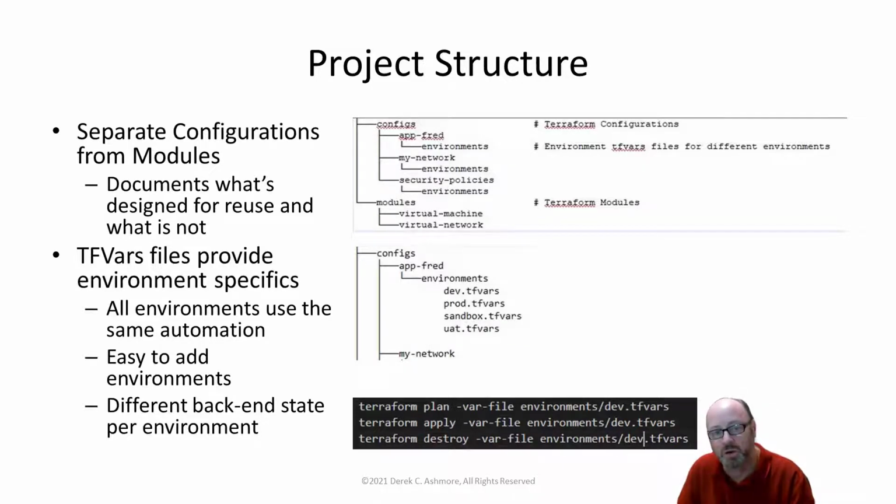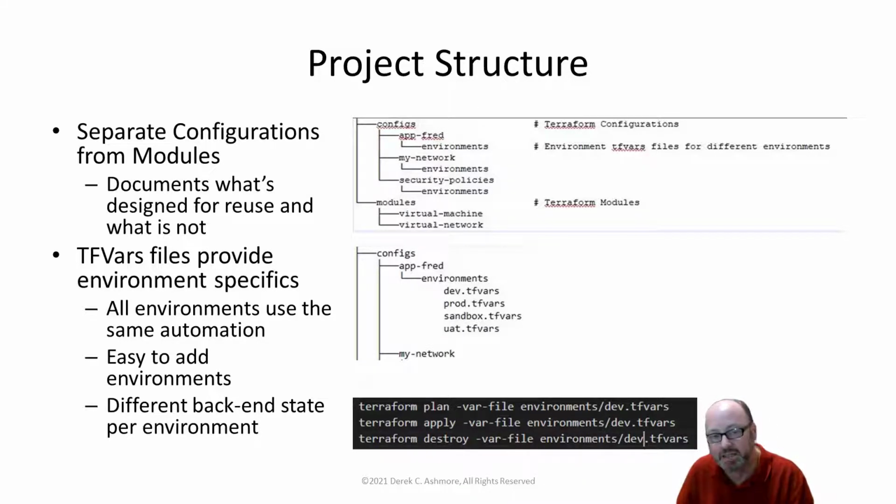So in this example, AppFred, my network and security policy configurations are all run separately. AppFred obviously requires a network infrastructure before it can be run, but I don't try to connect the configurations in any way. Reusable code, or reusable Terraform modules, is separated out.